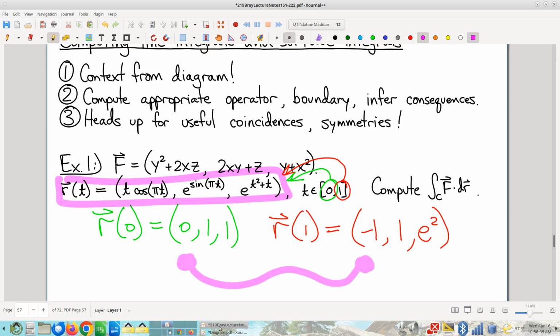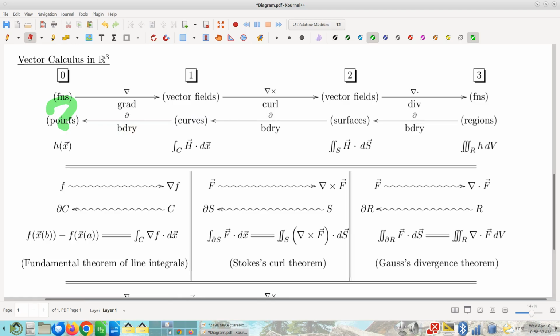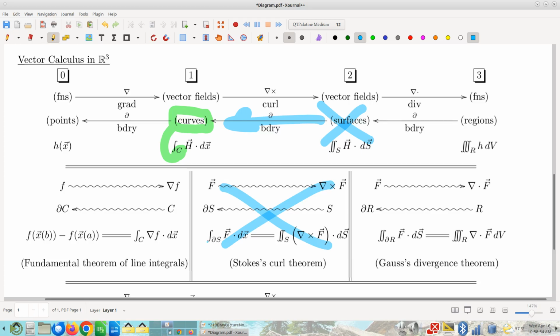And so going back over to here, the curve that I have been given, the domain for this integral, I know that it is not a boundary of a surface. And because it's not a boundary, remember, important asterisk about Stokes' theorem, it only applies to boundaries. So the diagram is also telling us, by this simple observation of seeing whether the curve starts and ends at the same point, Stokes' theorem is off the table. Not going to apply.